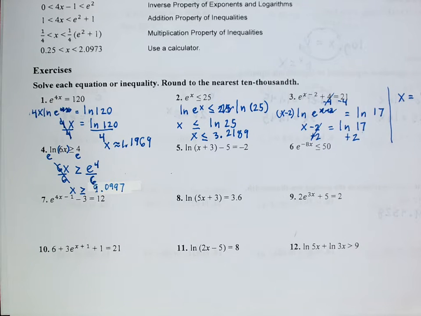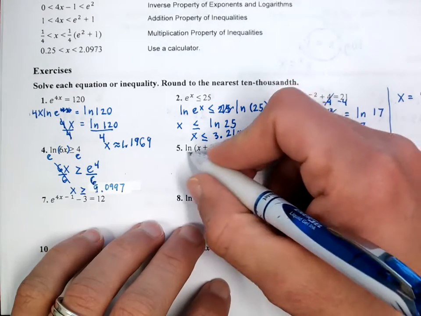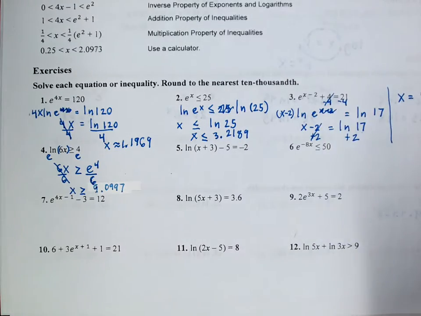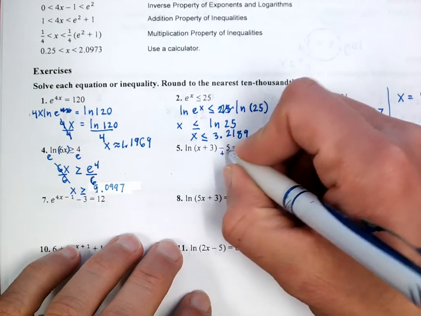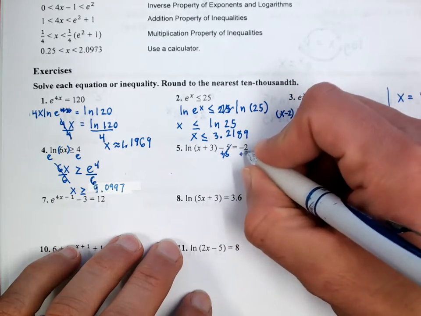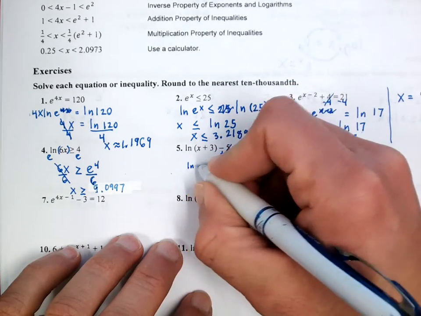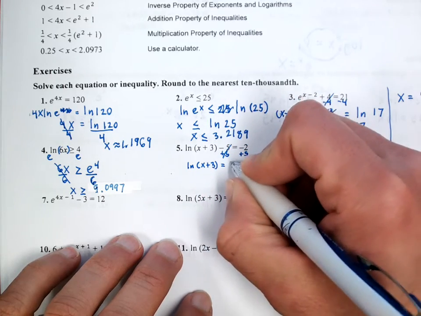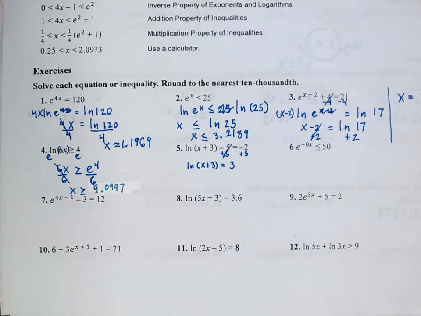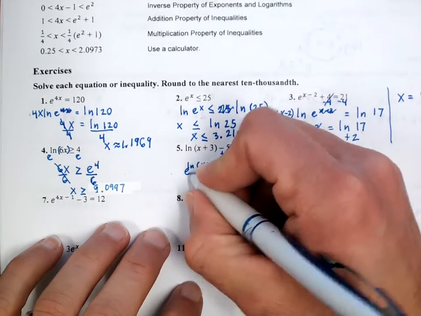If you do have a natural log, like number 5, I'm going to do the same thing. I'm going to add the 5 first. So again, isolate the natural log. It's very similar to a radical. Isolate the natural log first. So we're going to do that by adding 5 to each side. So we have the natural log of x plus 3 is equal to 3. Now that the natural log is isolated, I can use base e on both sides.